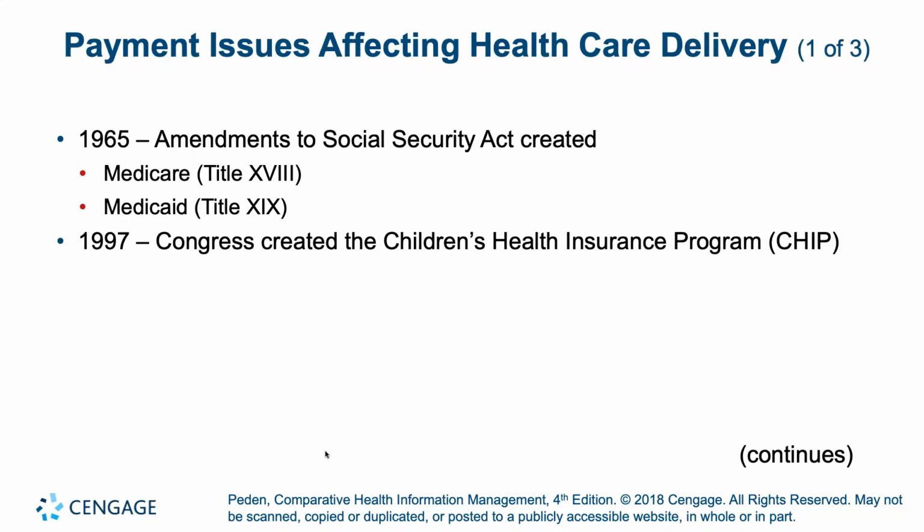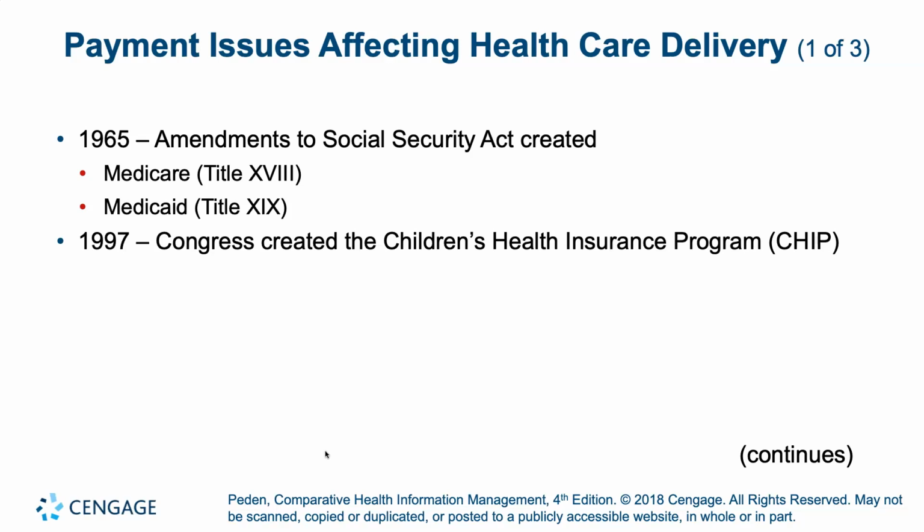Payment issues that affected healthcare delivery. Medicare and Medicaid are two of the biggest that ever happened, and those were brought into being in 1965. You have probably learned about this in other classes. If you haven't, you will be learning about them. You may also be in my healthcare reimbursement class, HIT 292 this semester, so I'm not going to talk about it here.